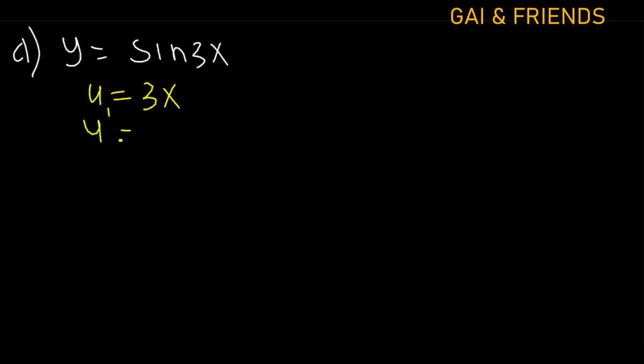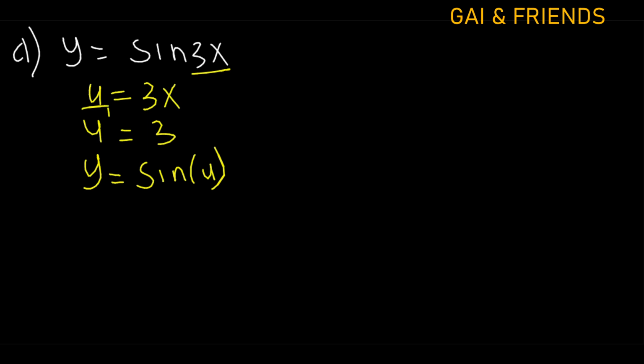Let's say y is sine 3x, and you are asked to find the derivative of this. What I would like to do is use u substitution. I'd say my u is 3x, and the derivative of u, which I would say u prime, is 3. Then I would say my y is sine u, because we have represented 3x by u.